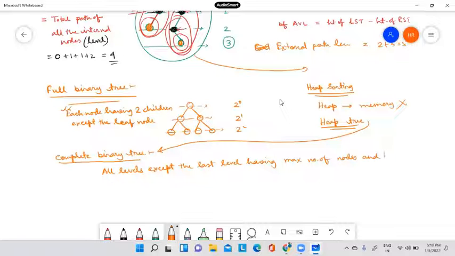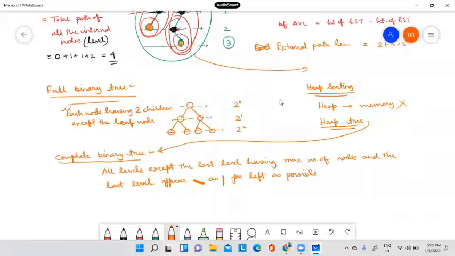And the last level appears as far left as possible.